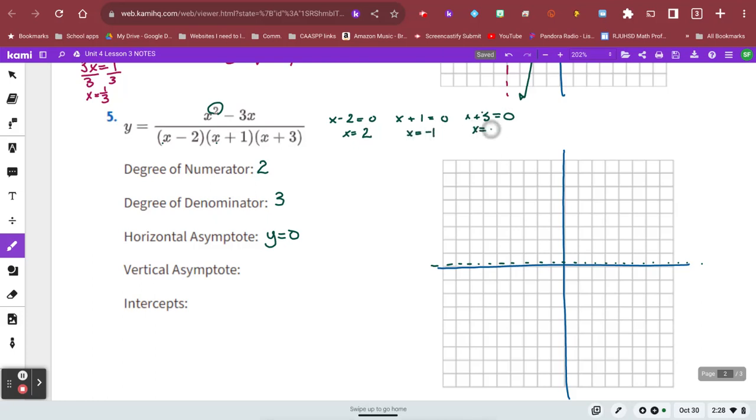And here we're going to subtract 3. So we're going to have x equals 2, -1, and -3. So we're going to have it here, here. I know it gets crazy, but we can do it.